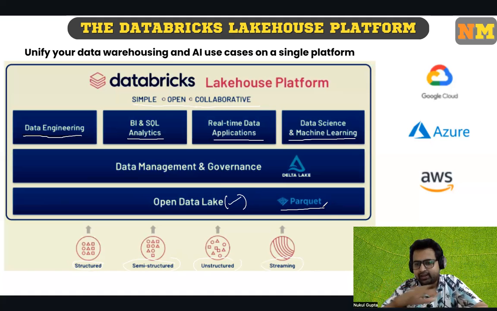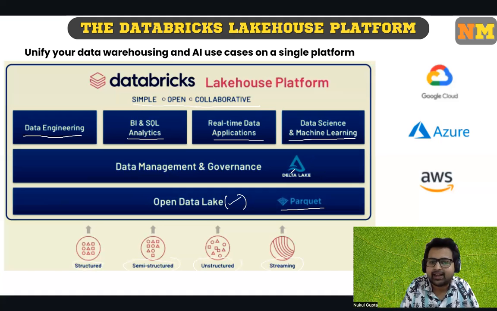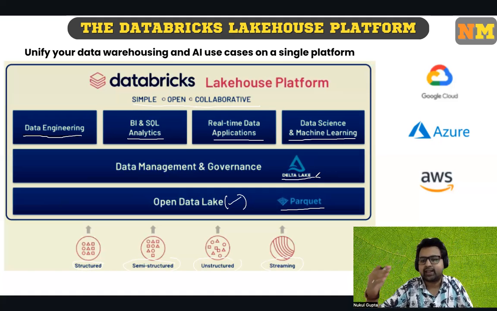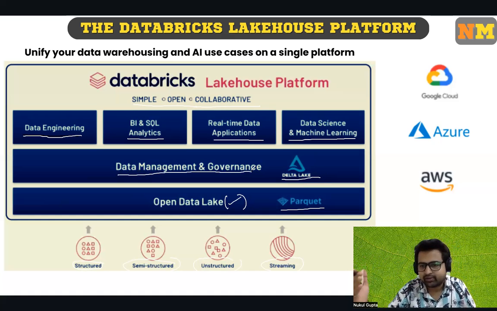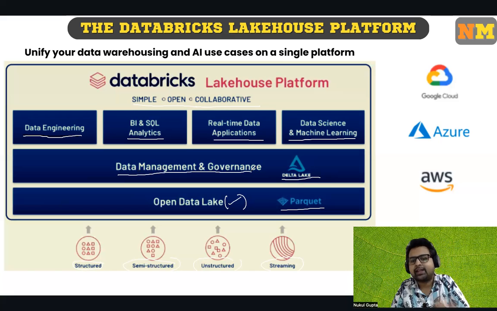Whatever data is getting stored in the data lake is being stored in the form of Parquet file format. And one more very interesting thing that the Databricks platform has is Delta Lake. Delta Lake gives us features like atomicity, data management and governance, open standards and all that stuff. That is being achieved by Delta Lake in Databricks. So Databricks uses the Parquet file format, and Databricks uses Delta Lake.